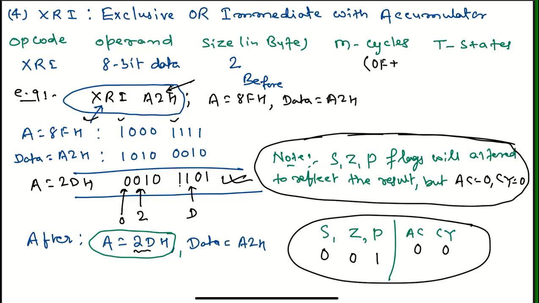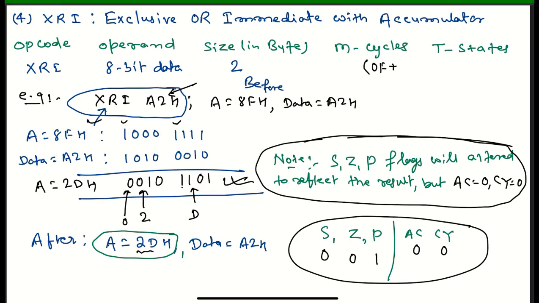It means before execution of this instruction it must be stored in the memory chip. So the microprocessor will first fetch the opcode, and after decoding, it knows that the second byte will be the operand, which is going to be taken from the memory to the processor.